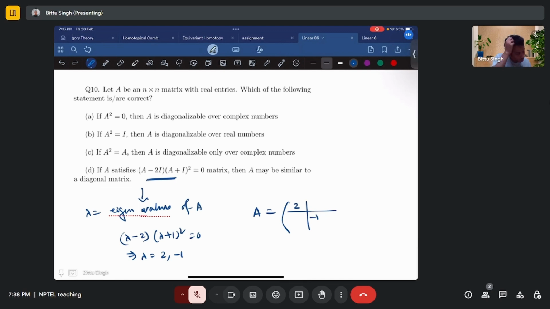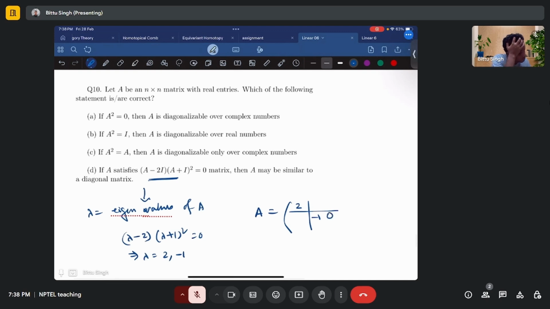we can write it as the block minus 1, 1, 0, minus 1. Will it satisfy the equation? This is the question.